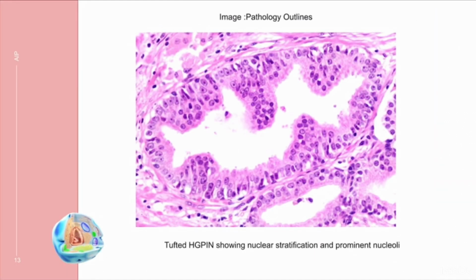So how do you identify it as HG-PIN? They have a tufted micropapillary architecture. There will be nuclear stratification, but not marked nuclear atypia. And you can see the glands are round and a little enlarged but not branching, and there are prominent nucleoli.